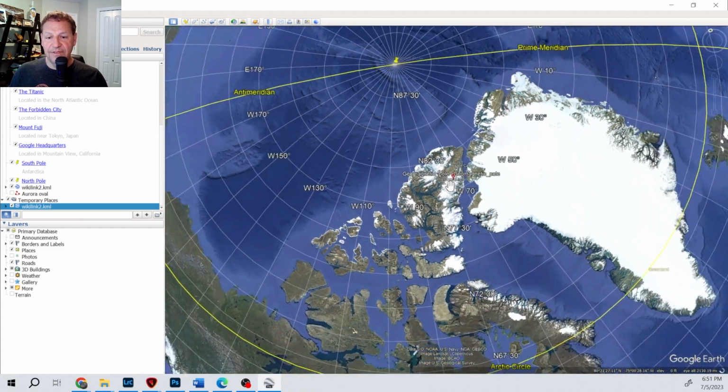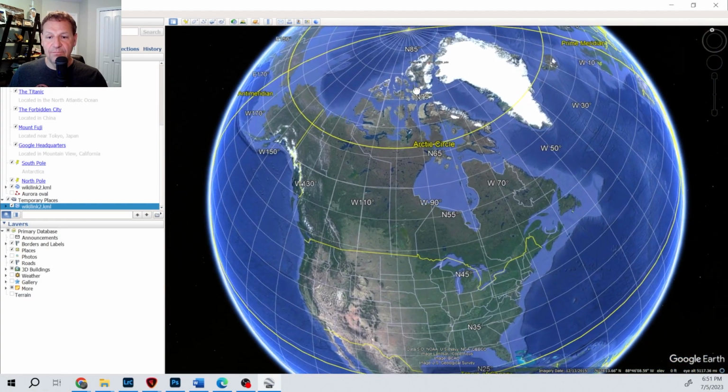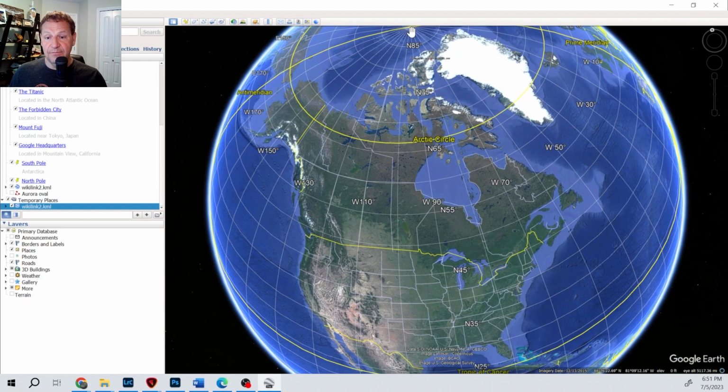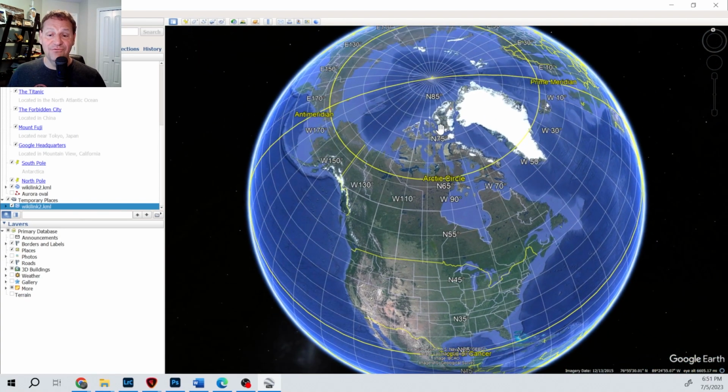And as I said, that's a pretty significant portion of the distance between the North Pole and the equator down here. It's not crazy, but it's 10 or slightly more than 10% of the way down. And that is the center of the aurora oval.